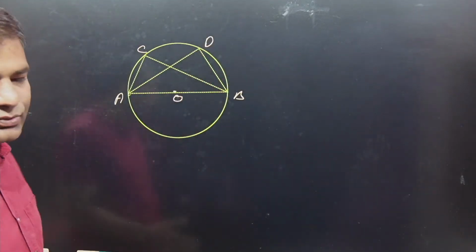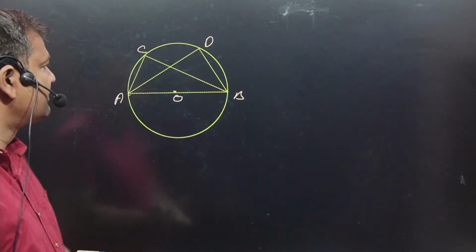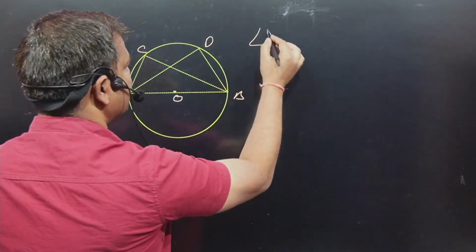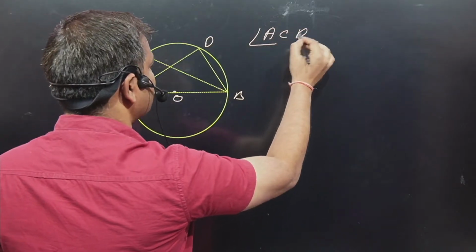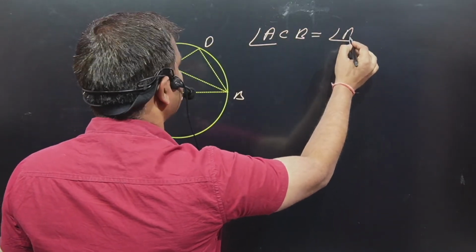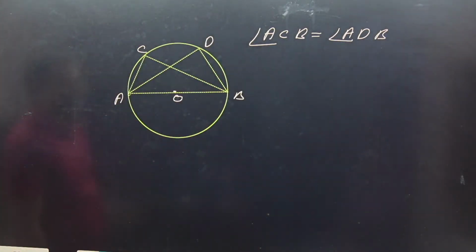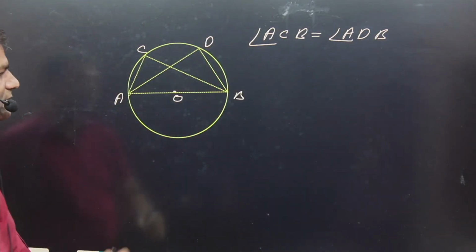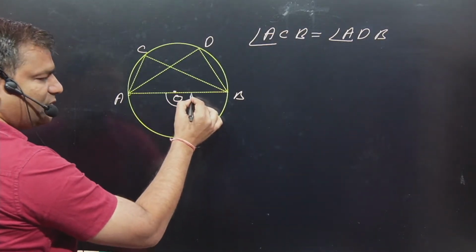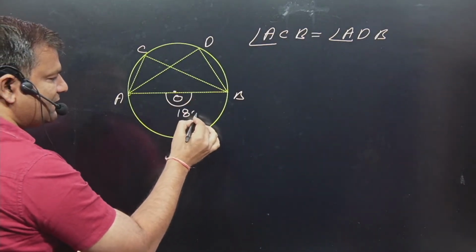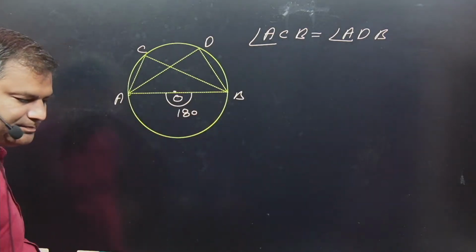So according to this definition, you can prove that angle ACB will be equal to angle ADB. I will prove it in a very simple way. What about that angle? Always 180, because this one is a diameter.